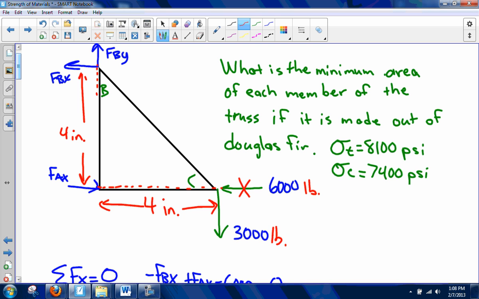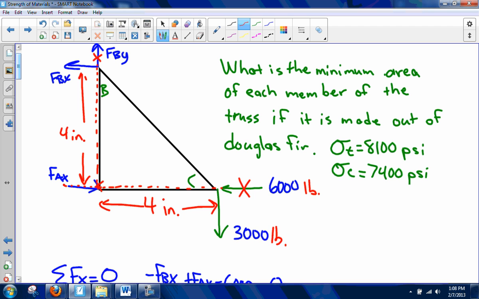FBY, if you extend its line of action, it goes right through A. It doesn't make a moment. FAX goes right through A, so it doesn't make a moment. Okay? So the things that are going to make a moment are going to be FBX and the 3,000 pounds going down.